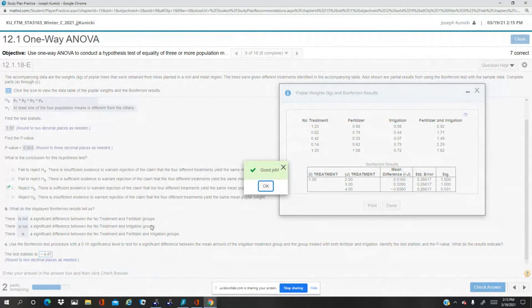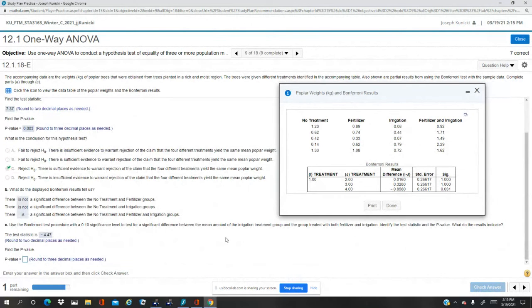Okay, that was perfect. Good job. Now, it's minus 4.47. That's a t-statistic. Now they want the p-value. So what I have to do is put this test statistic on the t-axis and see what's the area in the left tail.